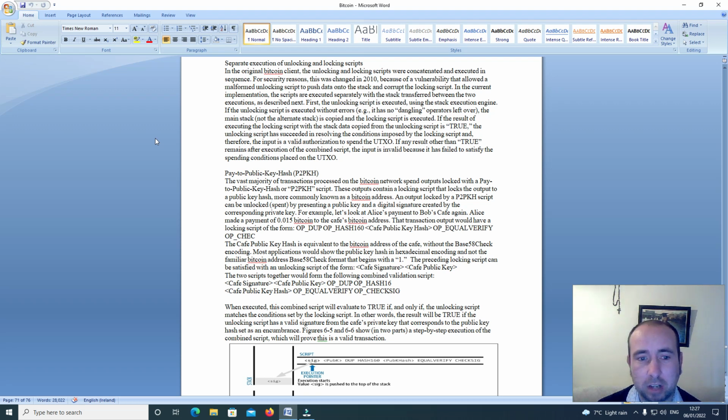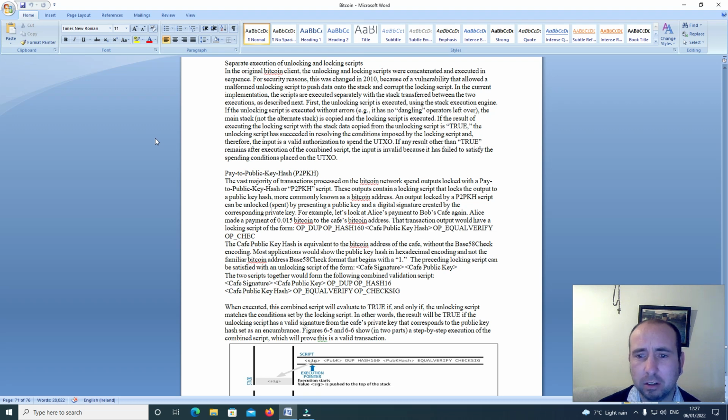If the result of executing the locking script with the stack data copied from the unlocking script is true, the unlocking script has succeeded in resolving the conditions imposed by the locking script, and therefore the input is a valid authorization to spend the UTXO.